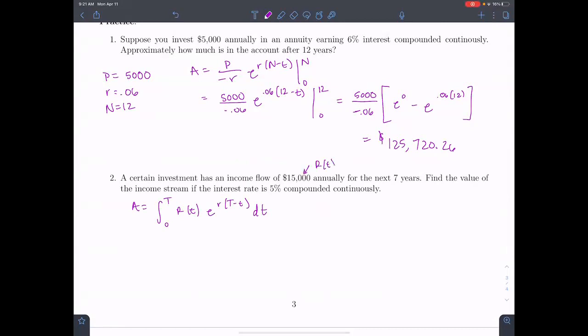That's R(t), so it's actually a constant, for the next 7 years. So that is big T, and this is R. So A is going to be the integral from 0 to 7 of 15,000 times e to the 0.05 times 7 minus t, dt.